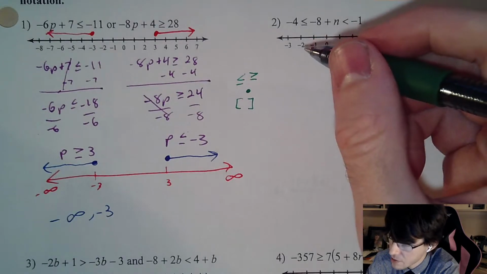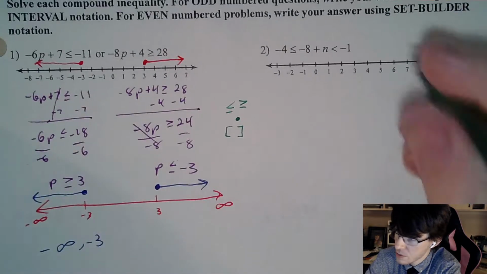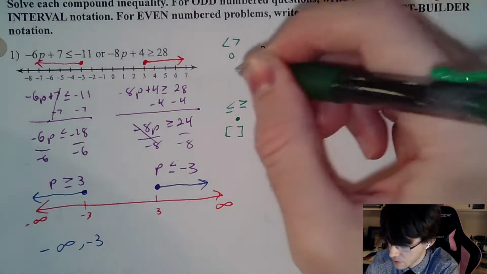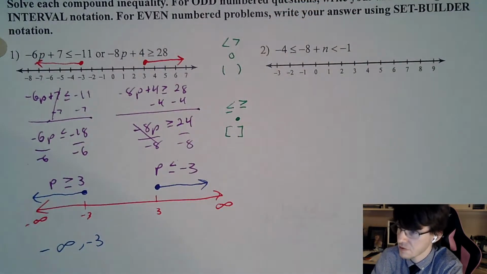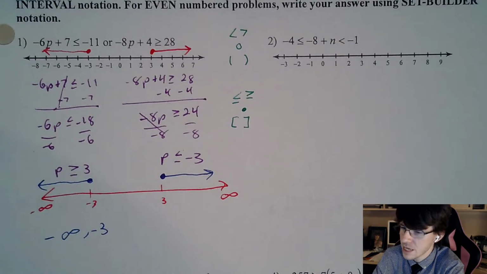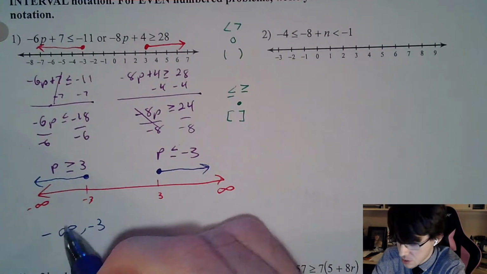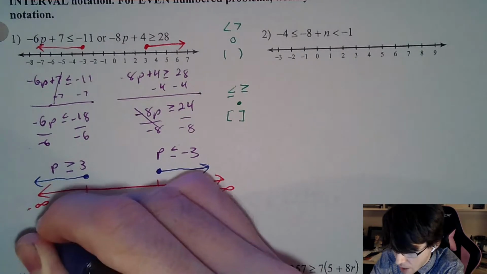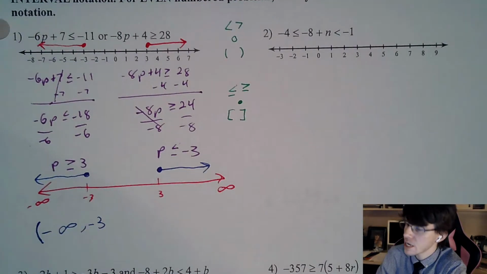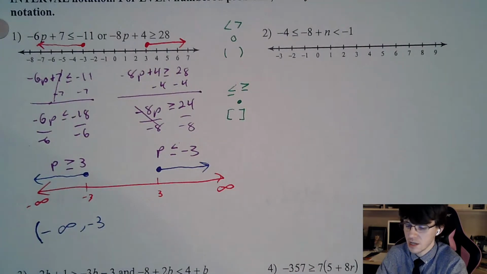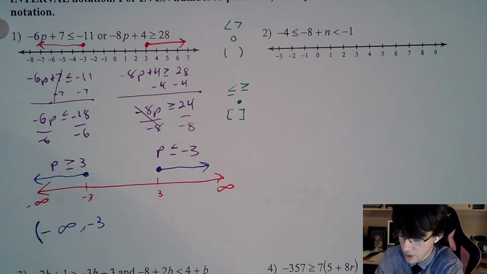Likewise, if I have just the less than symbols, we know that those go with open circles, and these go with parentheses. But infinities always get parentheses. So this negative infinity here, guaranteed parenthesis, because the idea is you can't reach it. You can't be equal to infinity because you're never going to get to infinity. Can't get to negative infinity. So always parenthesis.